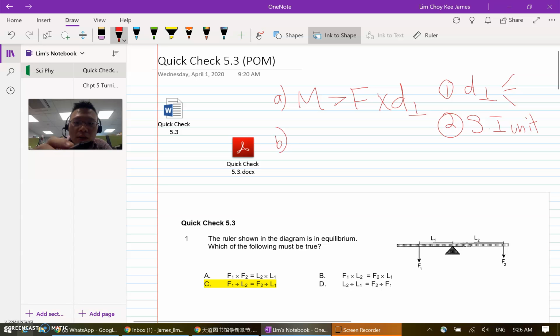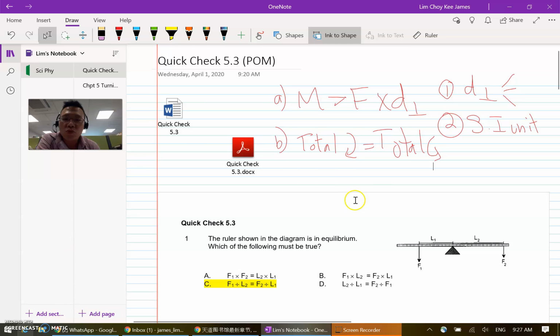One of the common behaviors we look for is that the total clockwise moment is equal to the total anti-clockwise moment. This is what we know as the principle of moments. So before we start, make sure you have these two things checked and understand the basic application of these two concepts.